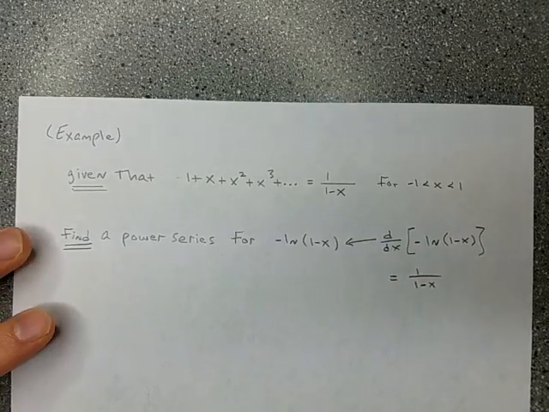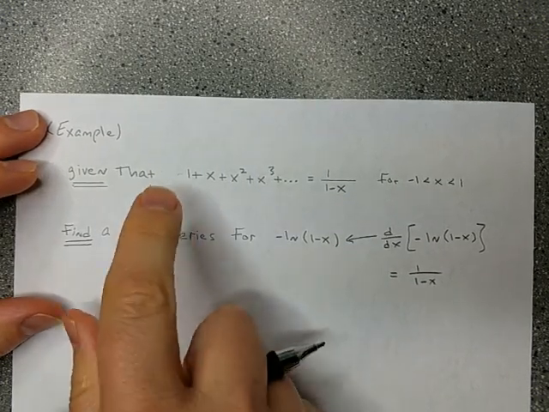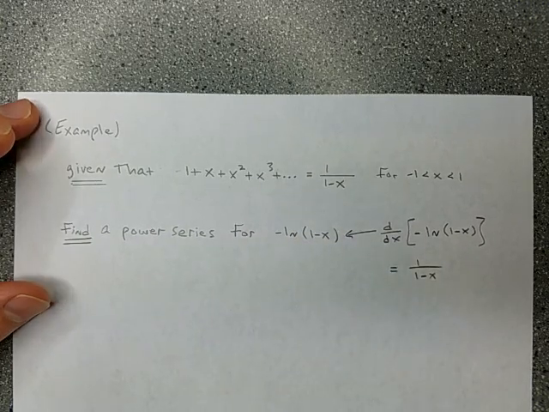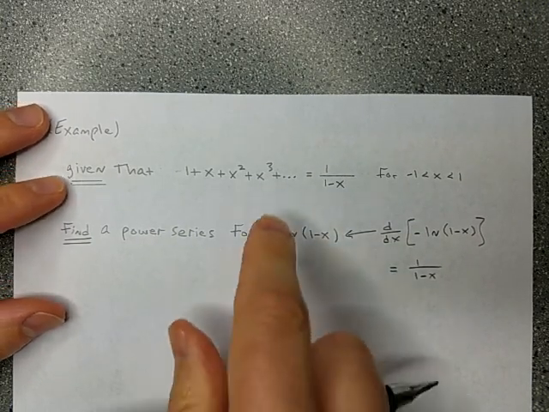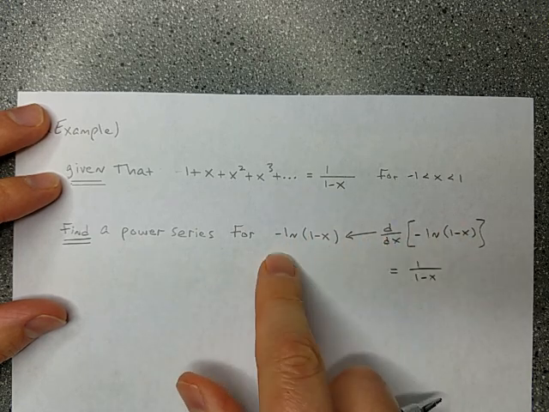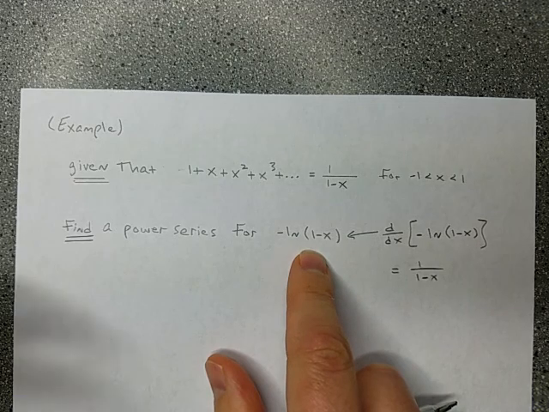Okay, so if you wanted to make this modification, we could integrate this whole thing, right? Yeah, because what's the antiderivative of 1 over 1 minus x? It would be negative natural log of 1 minus x. So that's what we want.